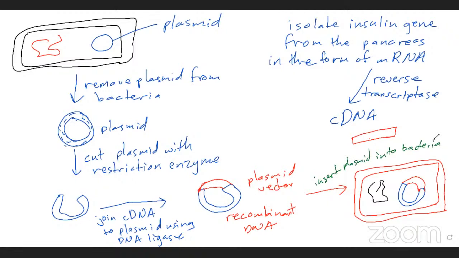So the host is the bacteria, right? The bacteria must be able to replicate itself. So in order to do that, we're going to put the bacteria in growth medium so it can replicate. All right, so the final step, we just put the bacteria in nutrient media. So I'm going to erase up here.